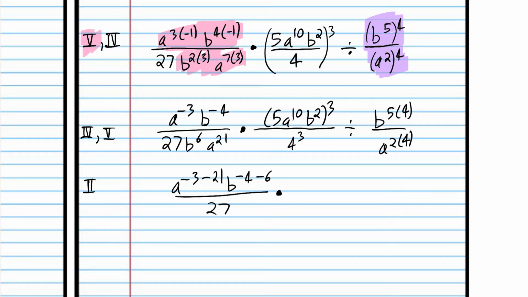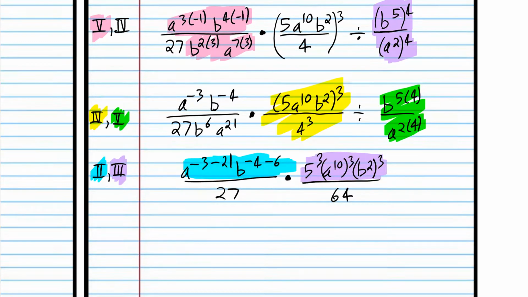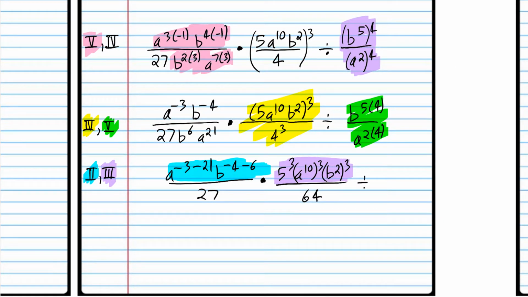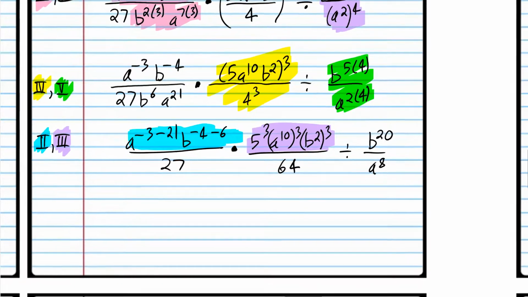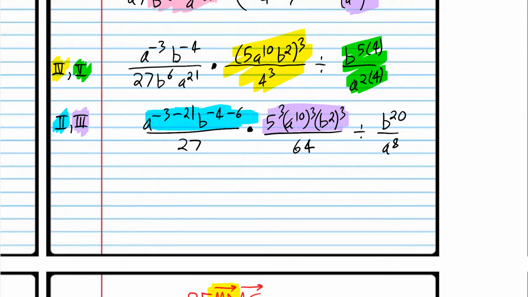And using rule 3, and then 4 to the 3rd power is 64. Alright, and then divided by b to the 20th over a to the 8th. Continue to simplify, and we get a to the negative 24, b to the negative 10, all over 27, times 5 cubed, which is 125.